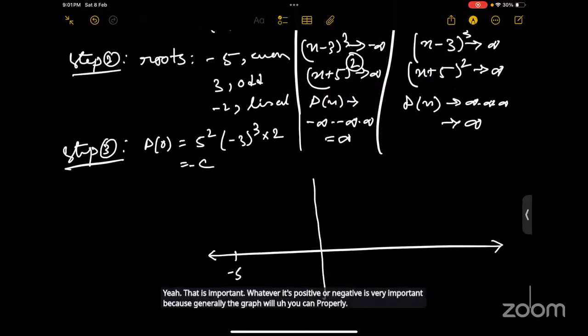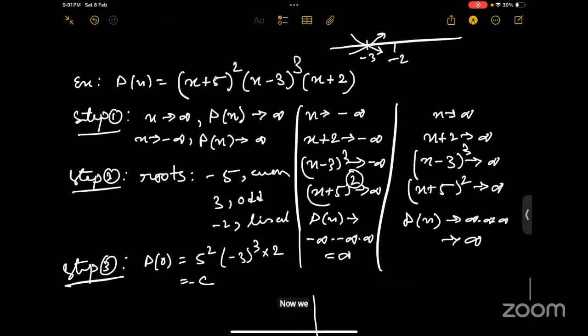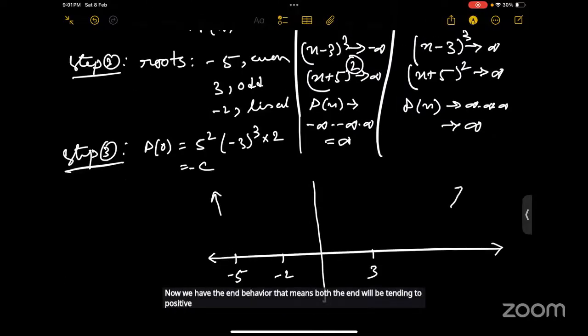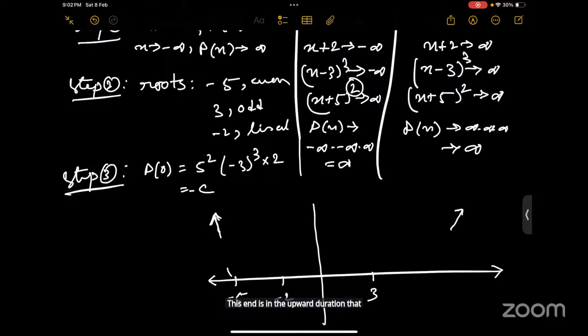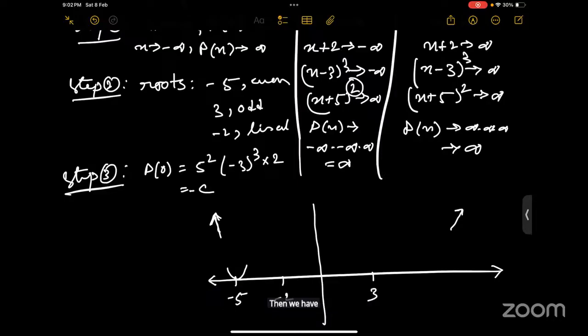So we can first draw the roots. These are the roots. Now we have the end behavior: both ends will be tending to positive infinity, that means in the upward direction. Near -5 we have even multiplicity, that means we will get a U, since this end is in the upward direction. Then we have -2 with linear, so we will get this.